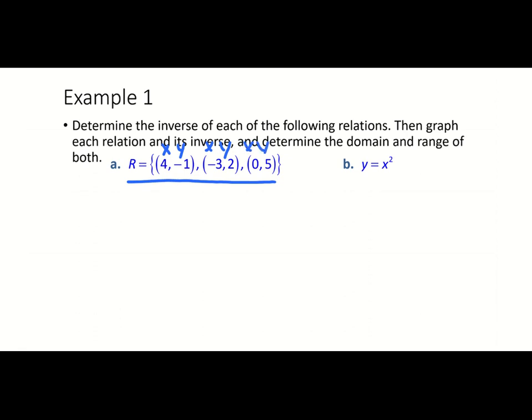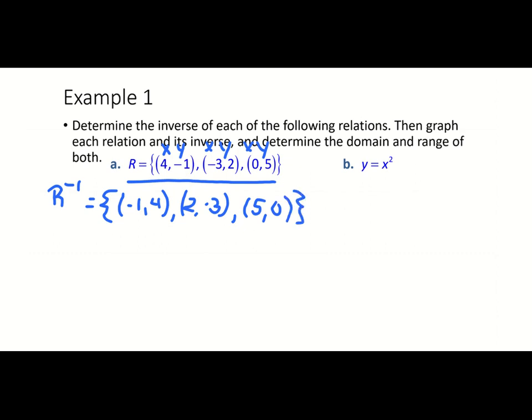So the inverse of r, or r to the -1, remember that's our inverse notation, would be the ordered pairs (-1, 4), (2, -3), and (5, 0).